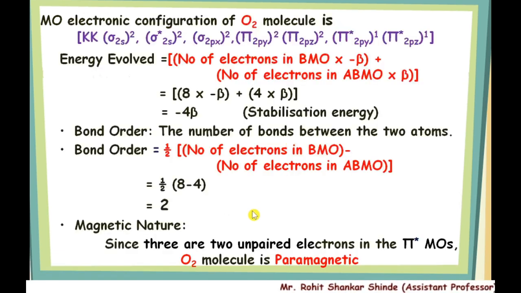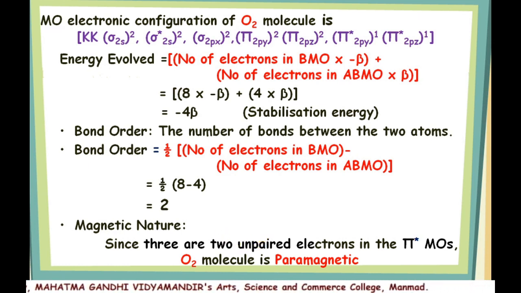According to VBT, oxygen molecule should be diamagnetic, but in practice it is paramagnetic. Molecular orbital theory can explain the paramagnetism of oxygen molecule, and that's why molecular orbital theory is superior to the valence bond theory.